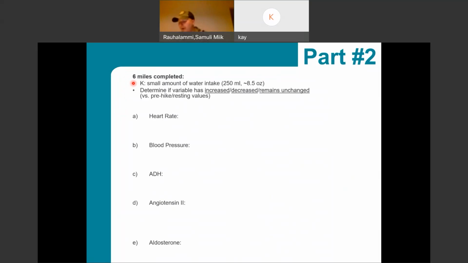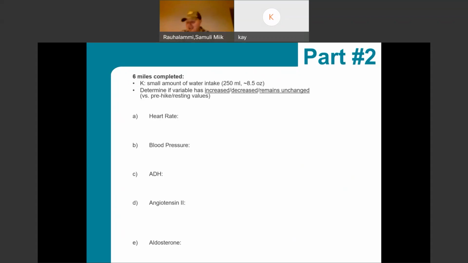Her total water intake during the first 6 miles is 250 milliliters. That's about a small drinking glass. So if you are exercising a lot, hiking a lot, and you're not drinking enough, what would be the immediate changes, the immediate symptoms that we're seeing? That's what I'm asking there.